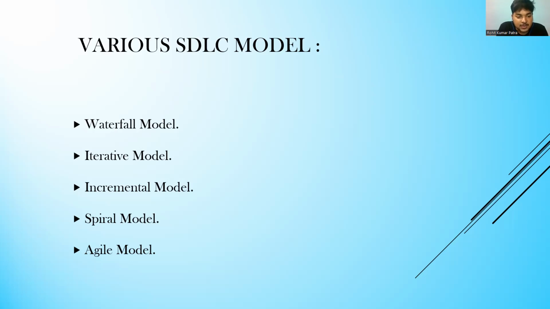After that, the spiral model. The spiral model is also called the risk model. Why is it called the risk model? In the first stage, there is requirement and analysis. After that phase, it first identifies what risks there will be in the future in this project, and those are solved first.